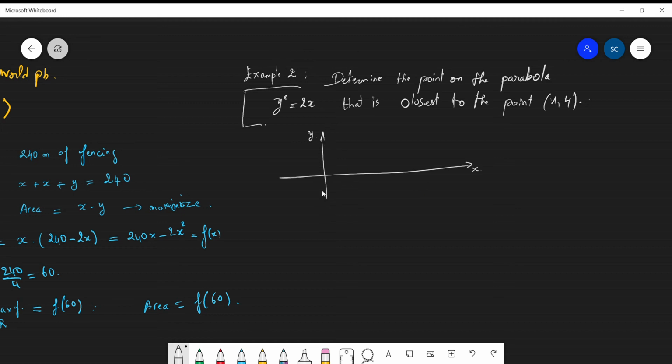It passes through 0, 0, and when y equal 2, y2 equal 4, so x equal 2. So it passes through 2, 2. So your parabola is like this one.